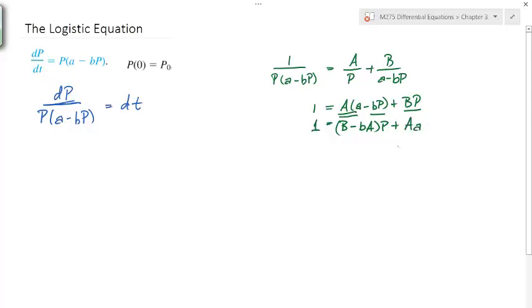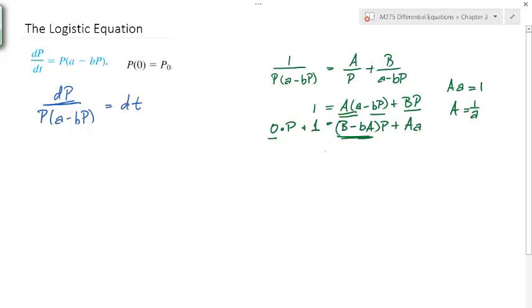And capital A times little a is going to end up equaling 1, and our variable p is being implicitly multiplied by 0. So our B minus bA is going to equal 0. So if our A times a is equal to 1, that means we have a value for our capital A, which is one of the numbers that we're looking for.